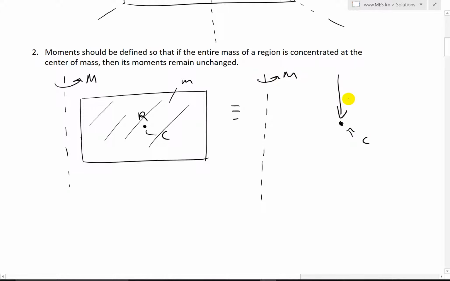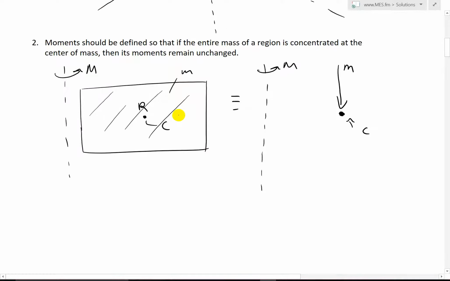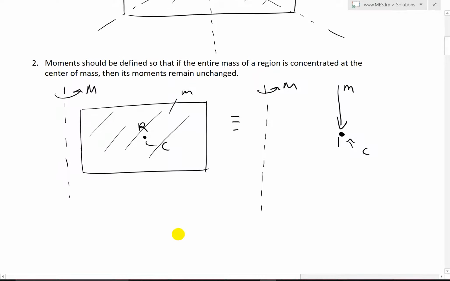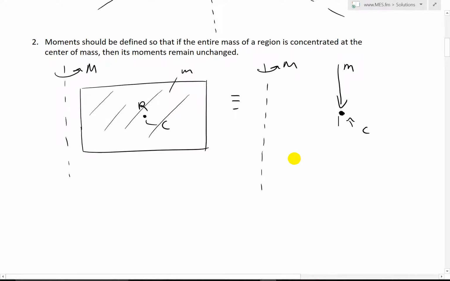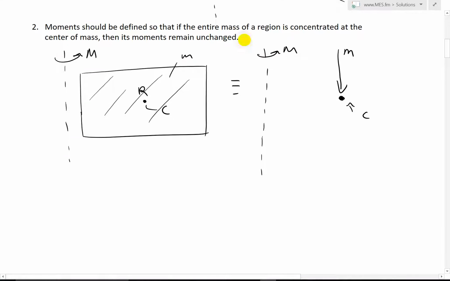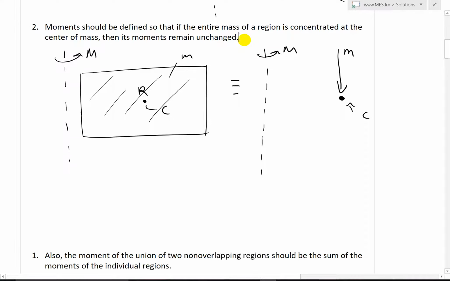So if this entire mass is put onto this one point, we'll have the same moment as this entire region when you solve for the moments about this line. That's basically the whole idea of center of mass, moving the entire mass to a center which has the same moment. That's pretty much the definition of moments and centers of mass.